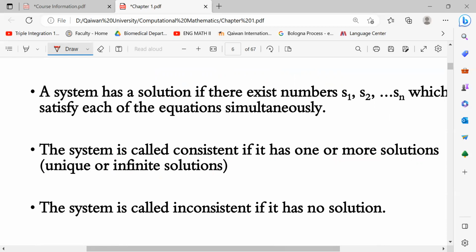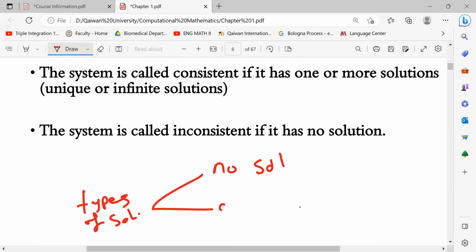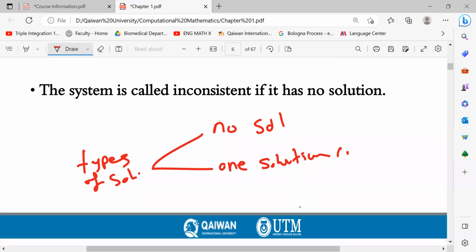As I said, you have three types of solutions. It's no solution, one solution, or unique solution, or infinite solution.